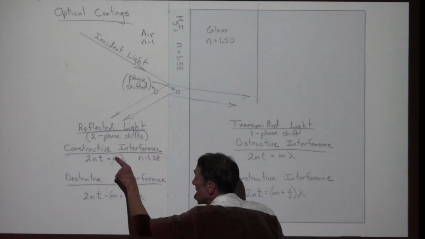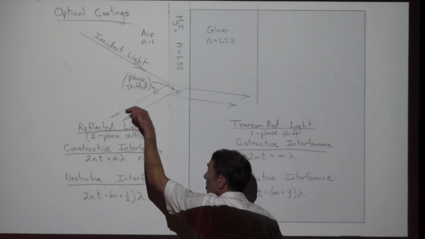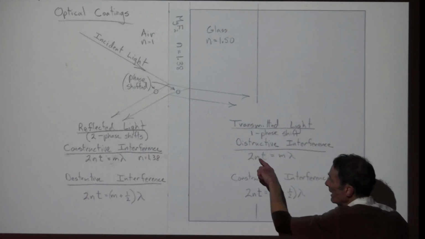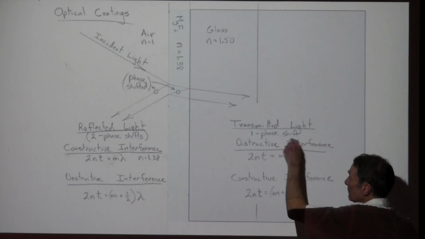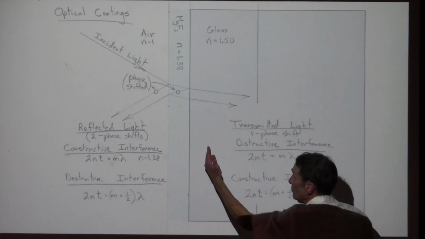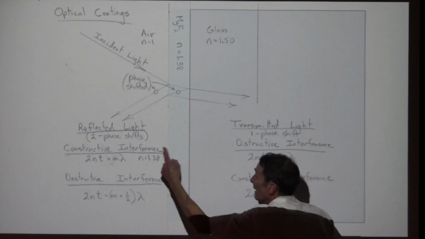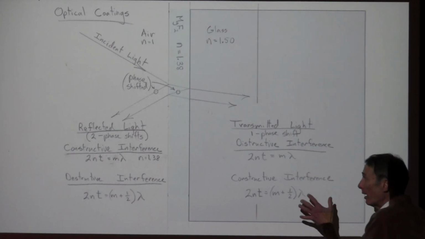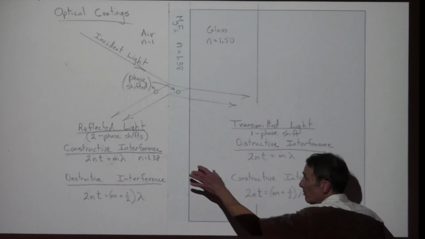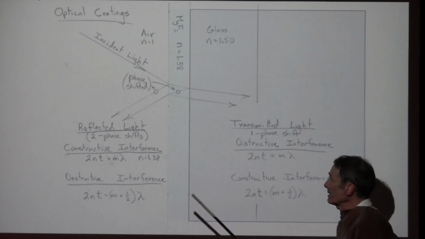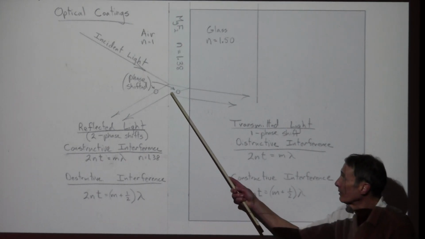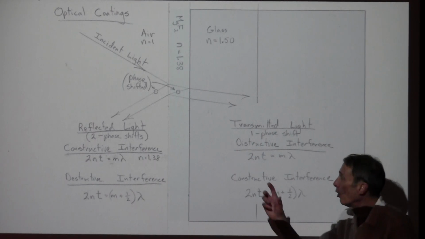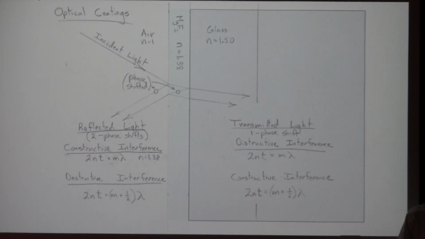Also, constructive interference coming out this way is the same as destructive interference for the transmitted light. So again, they're going to be opposite. So the idea of which one is it? You want to start with the idea of phase changes on reflection to know which pattern you're going to be looking at.